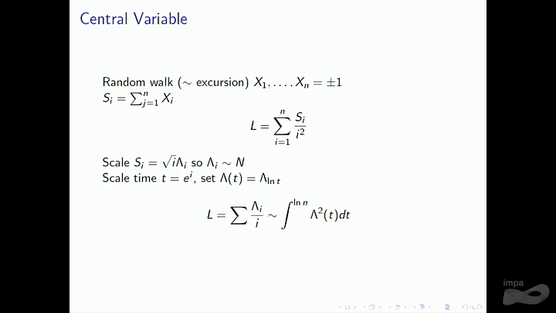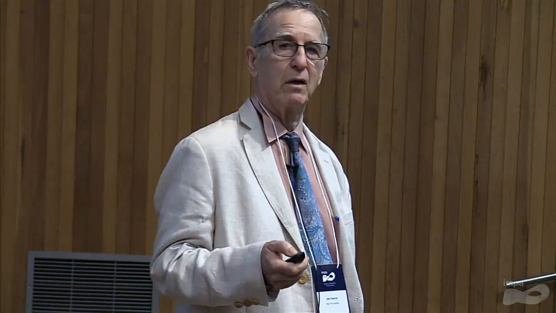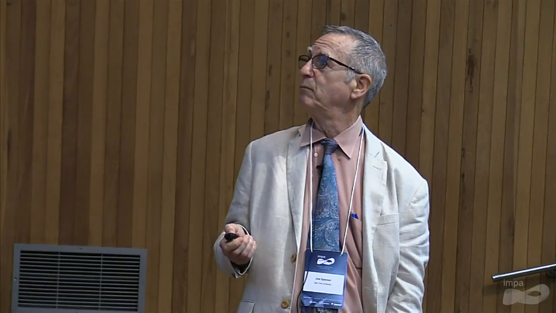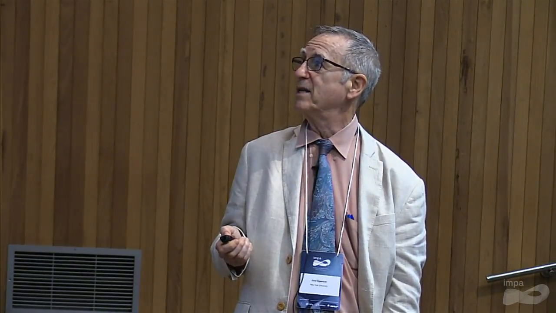Now lambda squared t for any particular t, lambda is a standard normal, so the expectation of lambda squared is 1. And so you'd like to say it's like the integral of 1 dt, which is log n.